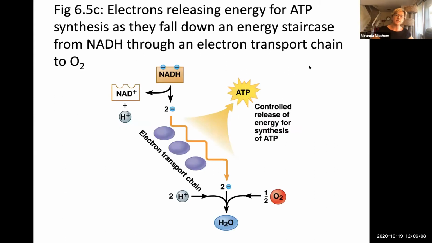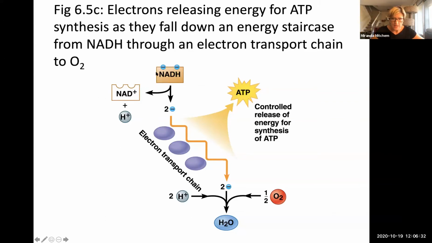So here it is. Here's that energy hill. So up here, we're in high energy. So think of the higher we are, it's higher energy. We begin with our shuttle empty. It picks up electrons that come off of glucose, and it falls in a controlled way through what we call the electron transport chain.